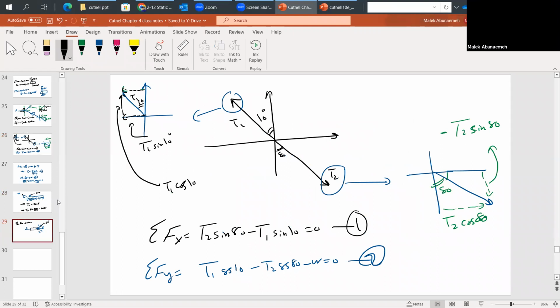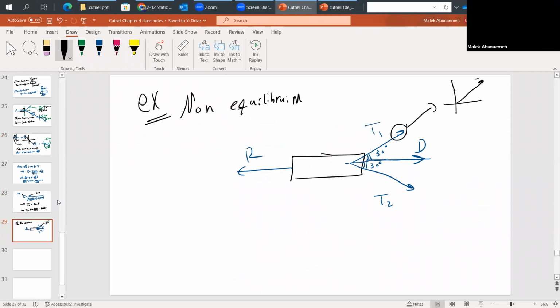T1 is a resultant of T1 cosine 30 degrees and T1 sine 30 degrees. Same thing with the T2. We solved this a little while ago.